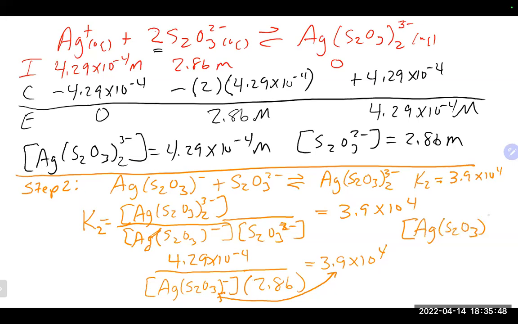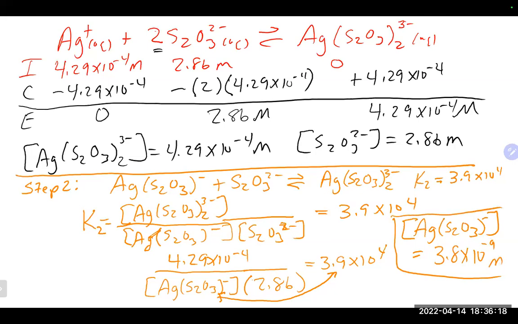The answer will be 4.29 times 10 to the minus 4 divided by 3.9 times 10 to the 4th and divided by 2.86, which gives us 3.8 times 10 to the minus 9 molar.